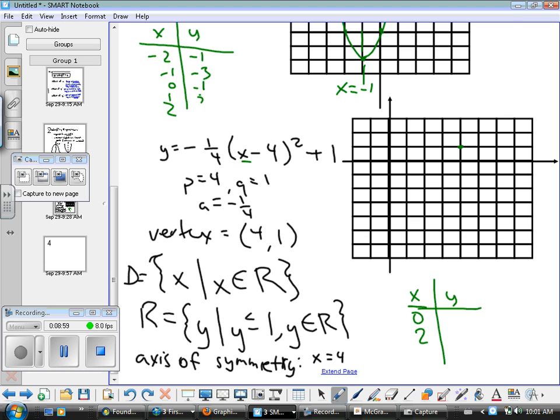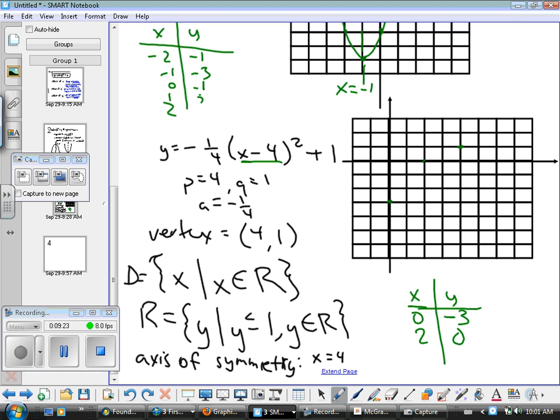So +1 is going to give me a value of -3. That's my y-intercept. And if I put a value of 2 in, I'm going to end up with a -2 in the brackets. That's 4. -1/4 of 4 is -1 plus 1 is 0. So just substituting those x values in, finding what the corresponding y value is.